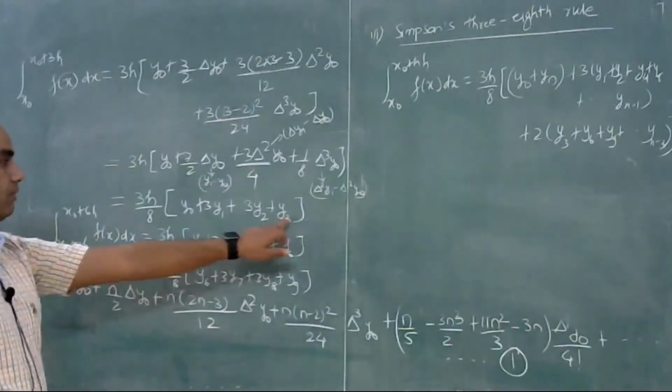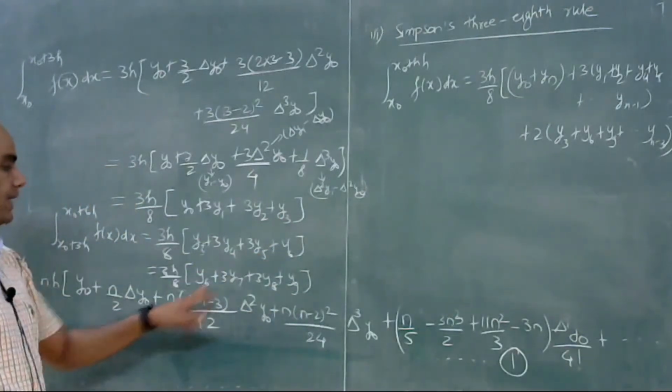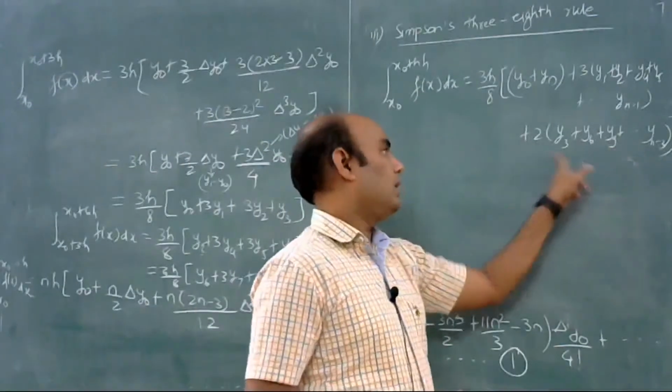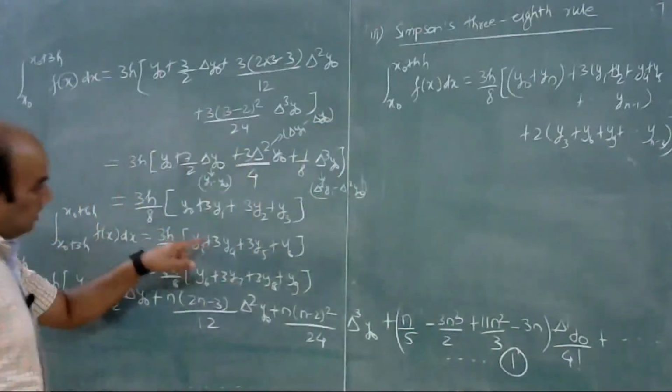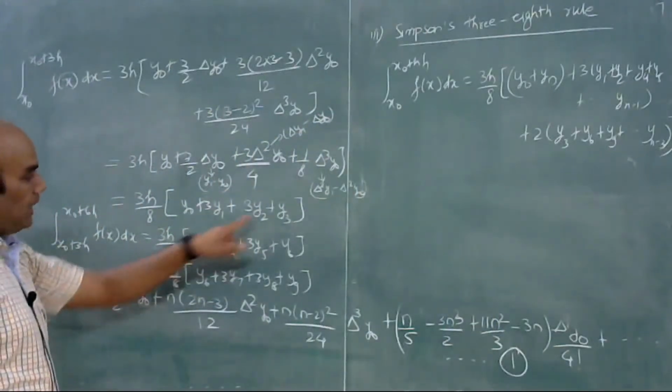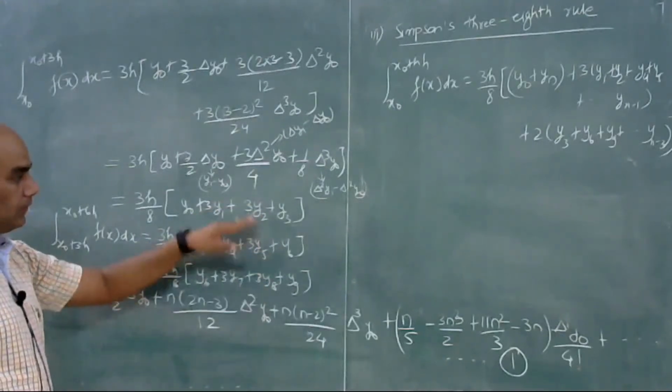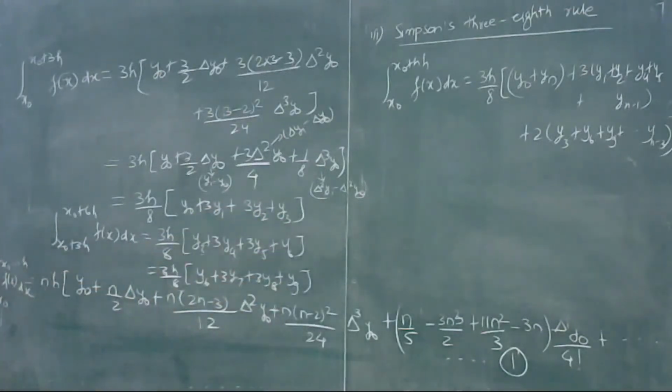So there will be 2y3, 2y6 and 2y9, multiples of 3, and then 3 times y1, y2, y4, y5, y7, y8. So the third multiples of y will be absent here. So this is Simpson's 3/8 rule.